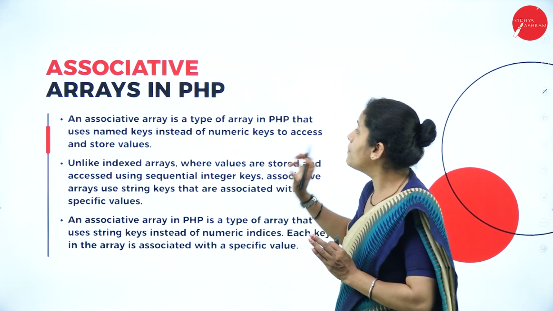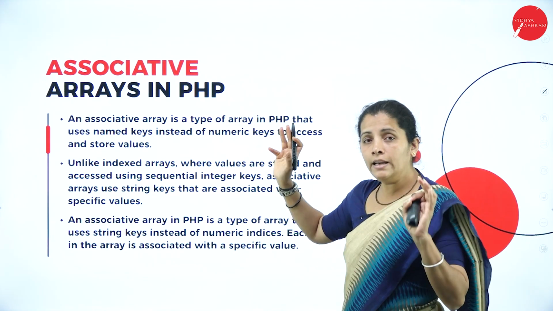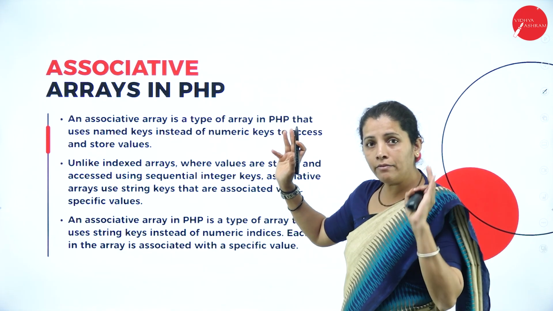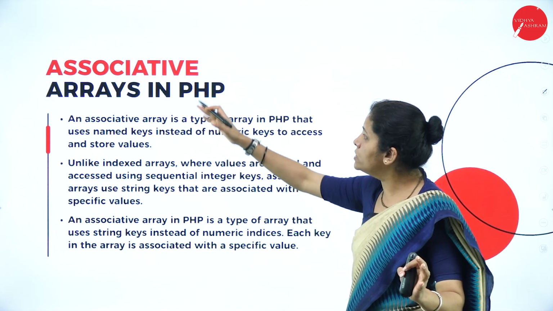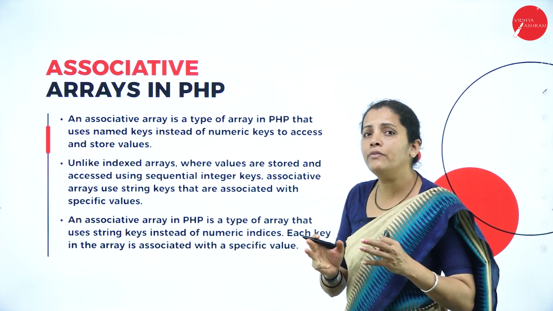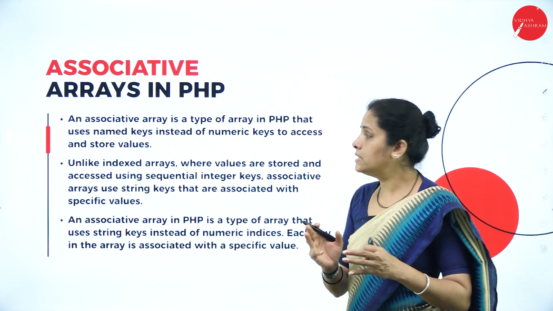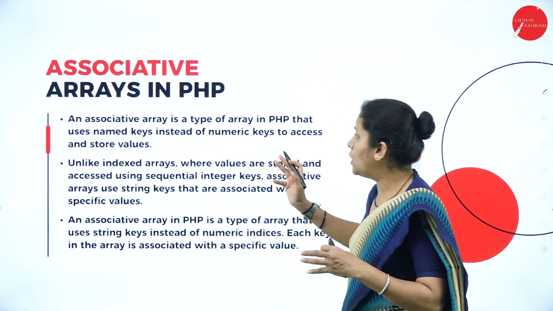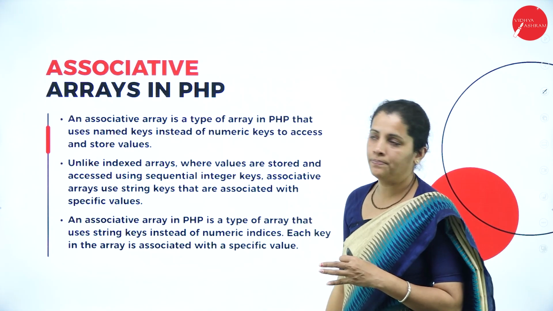But here, I'm going to have a named index. What's the difference? In an indexed array, I have a numeric index. But in an associative array, I also have an index, but what kind of index? That's nothing but names, characters, or a string index.